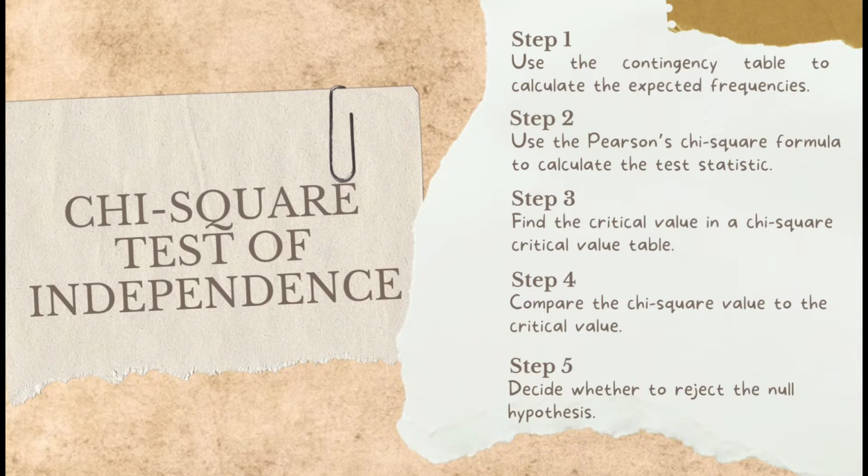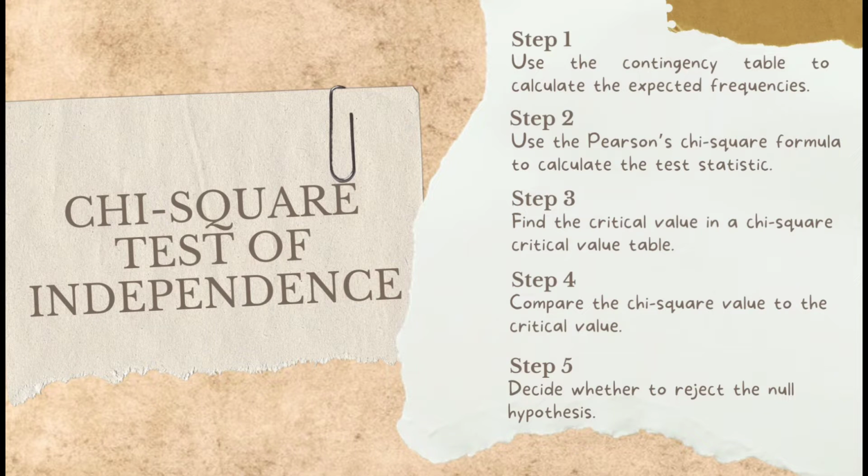Next step is to find the critical value in a chi-squared critical value table. Fourth is to compare the chi-square value to the critical value. And the last step is to decide whether to reject the null hypothesis or not.